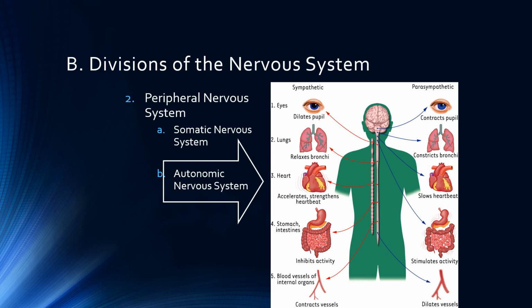The whole thing is designed to provide as much energy as possible in that fight or flight situation. Under normal circumstances, your blood vessels will dilate in your internal organs, your stomach will activate, heart rate will slow down, your bronchi will constrict, and your pupils will contract.